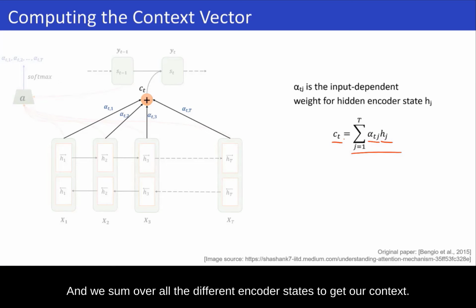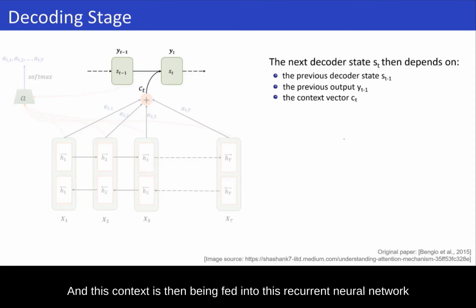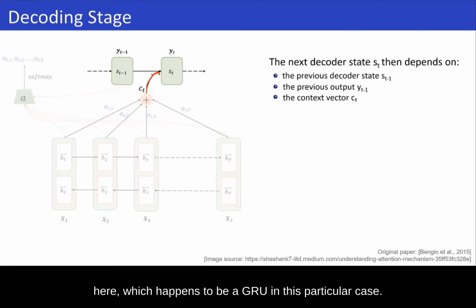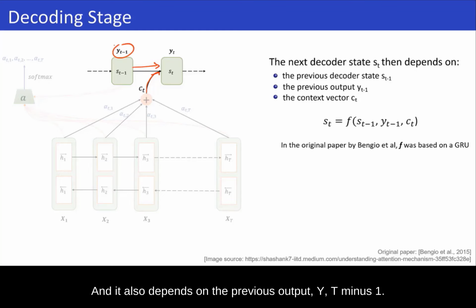And this context is then being fed into this recurrent neural network here, which happens to be a GRU in this particular case. And the previous decoder state is also fed there. And it also depends on the previous output, y t-1.